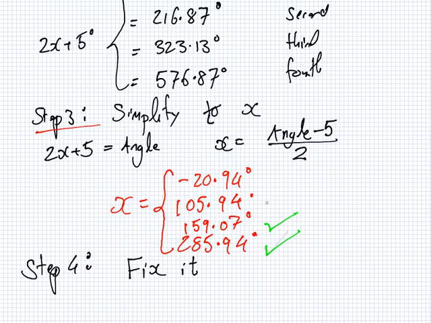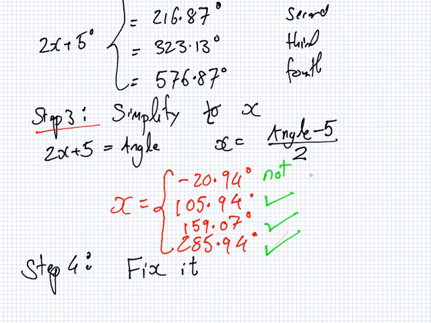So is this one, but not this one. So what do we do with it? We add 360. The problem with this answer is that it's too small, right? But we have learned that you can add 360 to it, and that's okay to do.